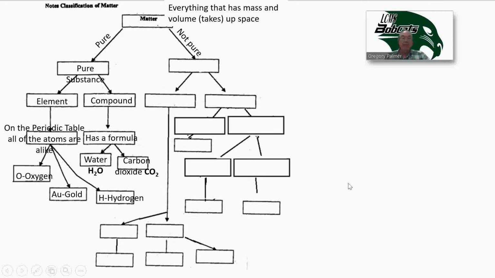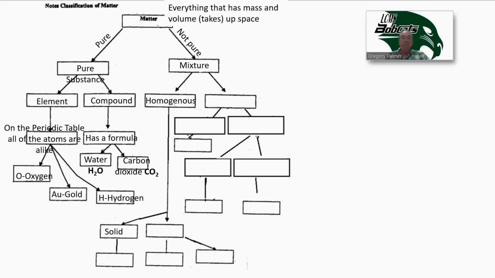Its formula is CO2. If things are not pure, and they're mixtures, there are two big groups of mixtures. The first kind is called homogeneous. That's where the mixture is the same all the way through.